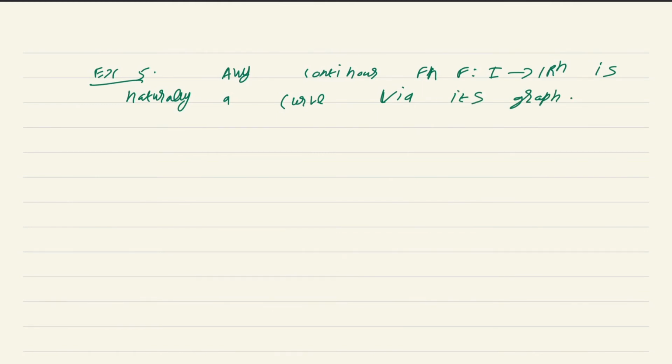That is, look at the map t going to (t, f of t). This is a curve in R^(n+1). So whenever you have a continuous function from an interval to Rn, you can view its graph in a natural way as a curve. And this will be a simple curve as well. So this is a good thing to know.